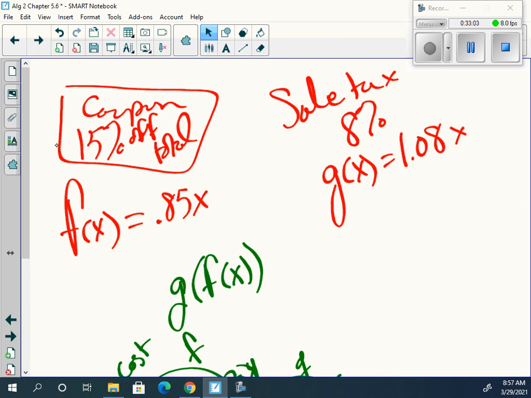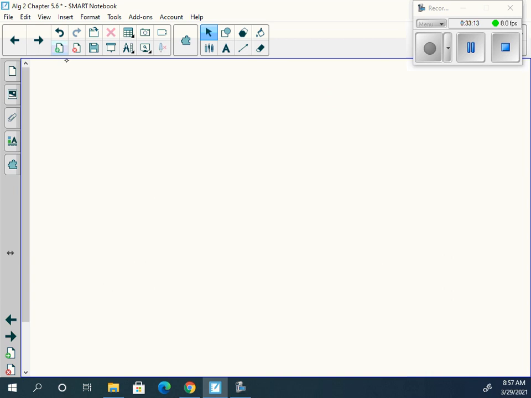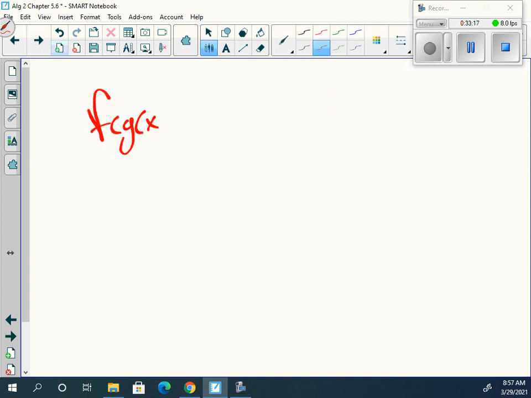But that's it with these here. Now, there are certain cases where f of g of x will be the same as g of f of x.